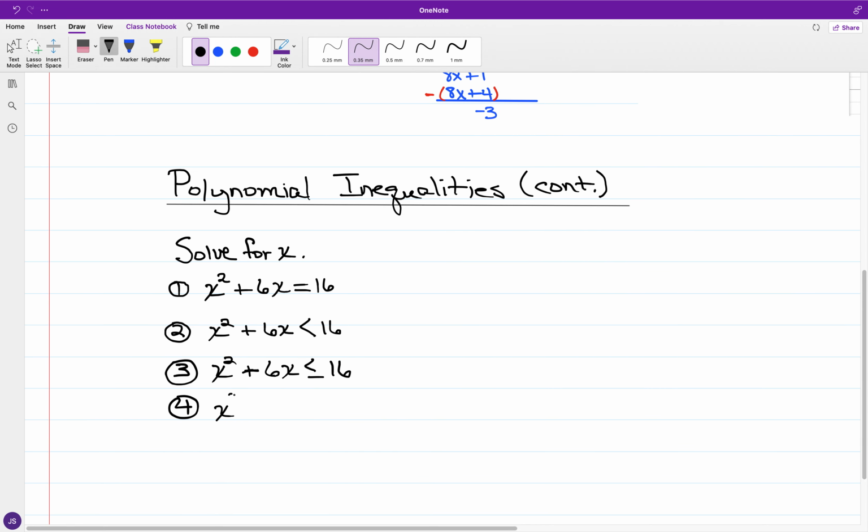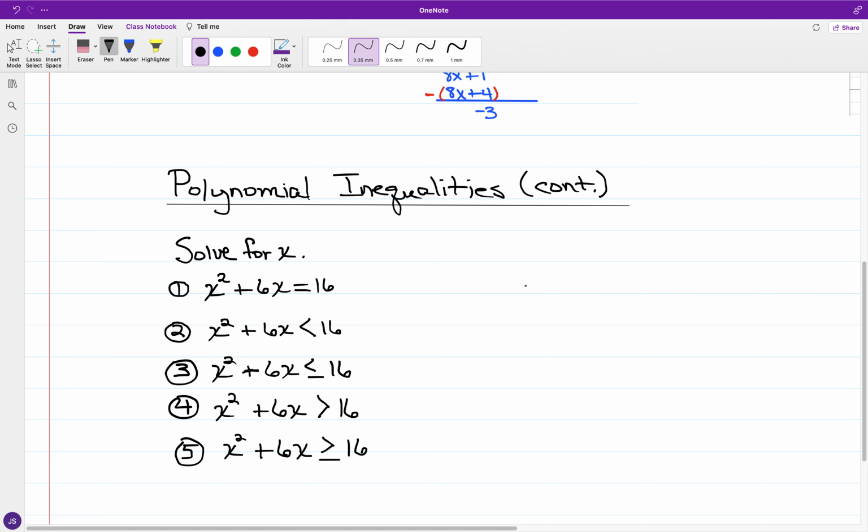And then changing direction, we have x squared plus 6x is greater than 16. And for our remaining possible inequality, we have x squared plus 6x is greater than or equal to 16. All right.